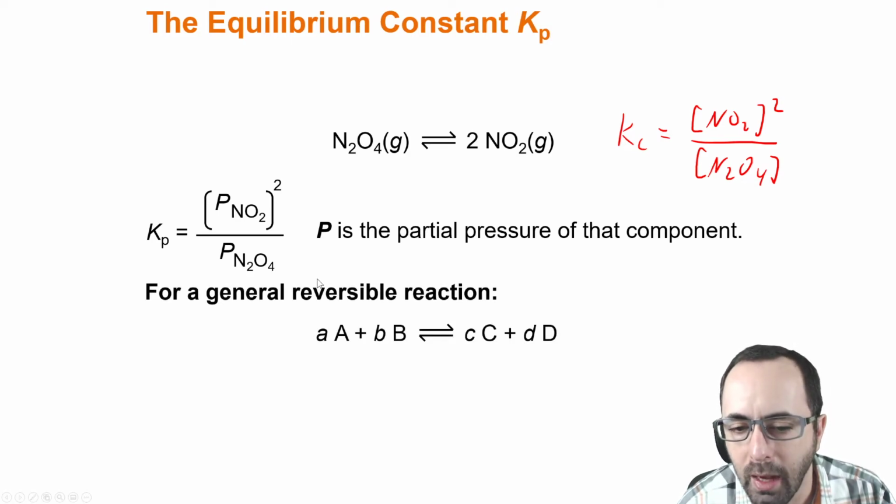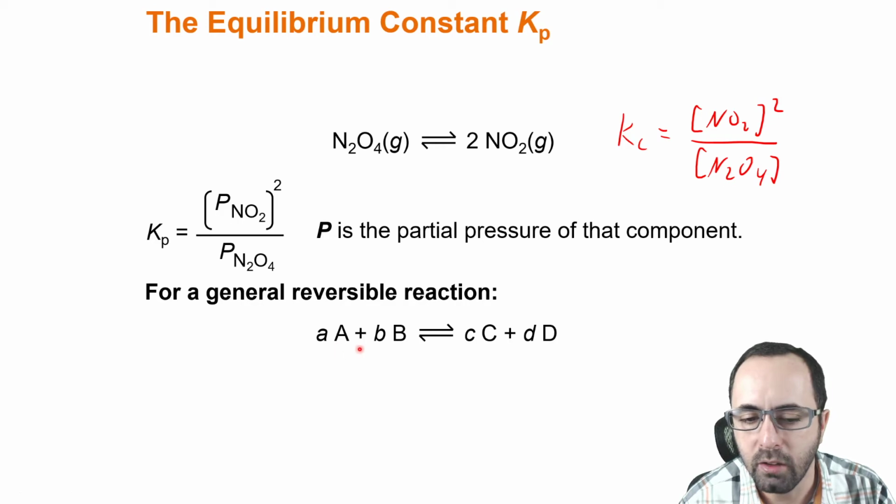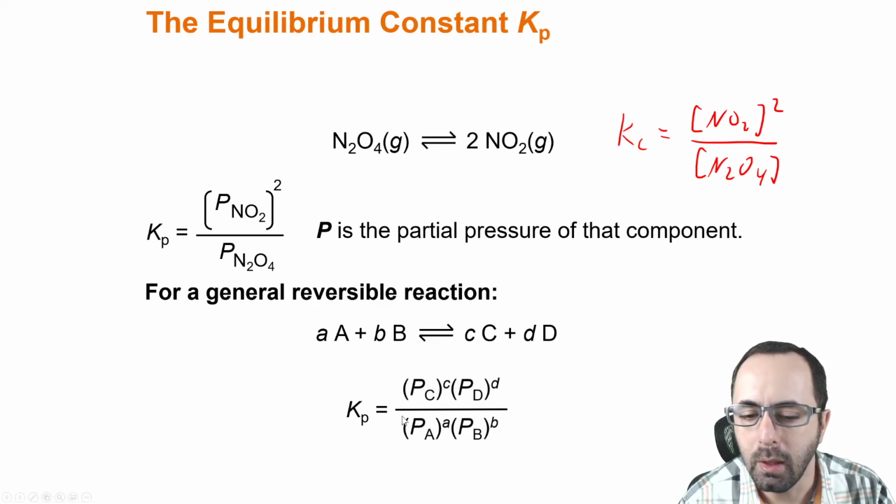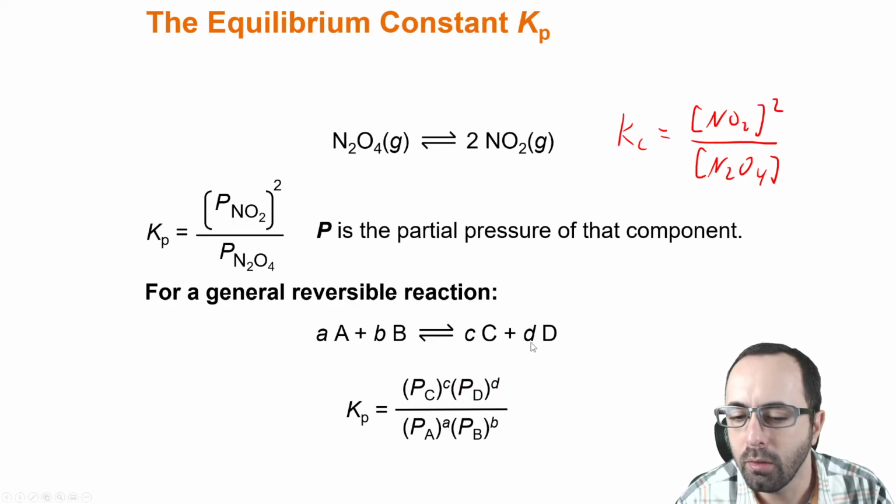For our same general reaction with reactants A and B with their coefficients small a, small b, and products C and D, their coefficients small c, small d, we get that the Kp is the pressure of product C to its little c coefficient power times the pressure of product D to its little d coefficient power, divided by the pressure of reactant A to its power, times the pressure of B to its coefficient power.